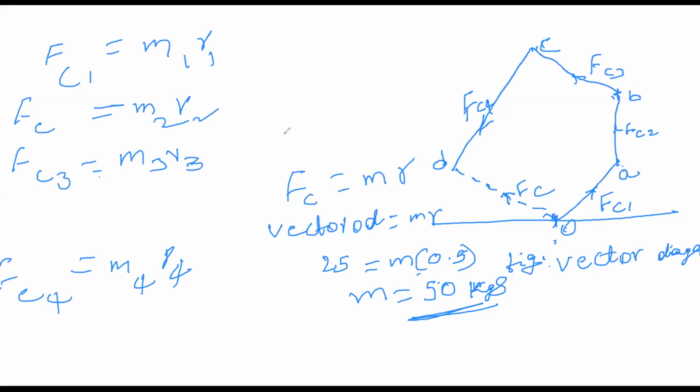Now I will repeat the procedure for construction of our vector diagram. All of you listen. The first step: when we have several masses, you will calculate the centrifugal forces of each mass, that is FC1, FC2, FC3, FC4.